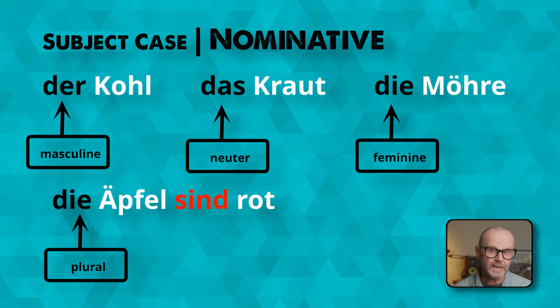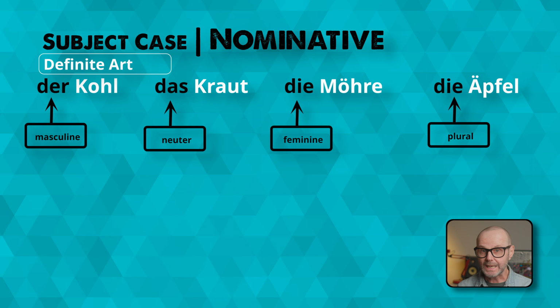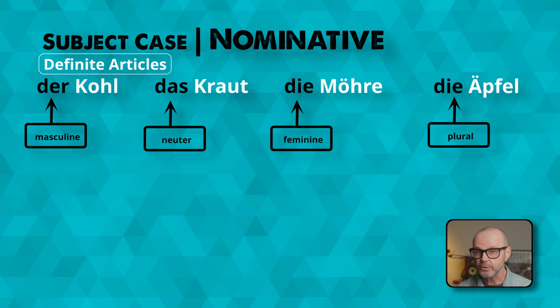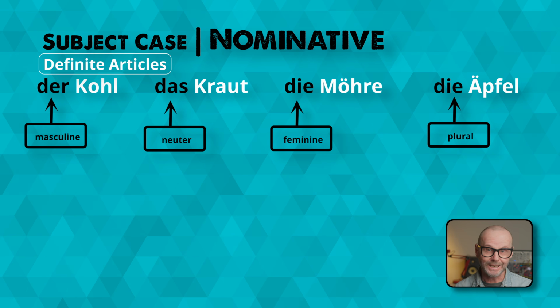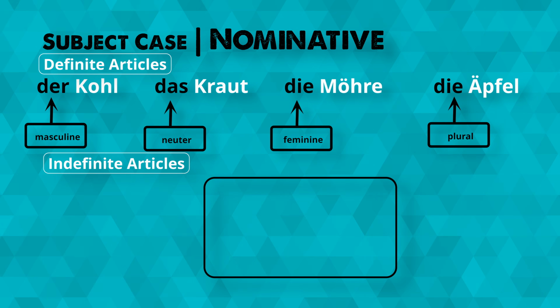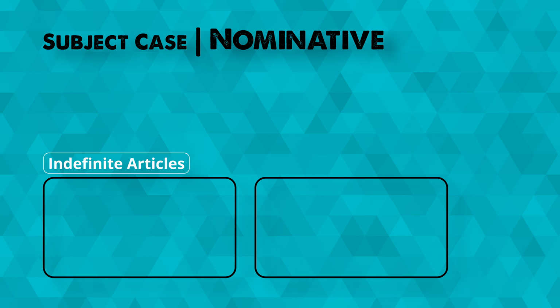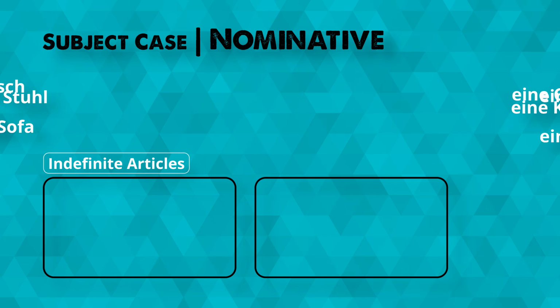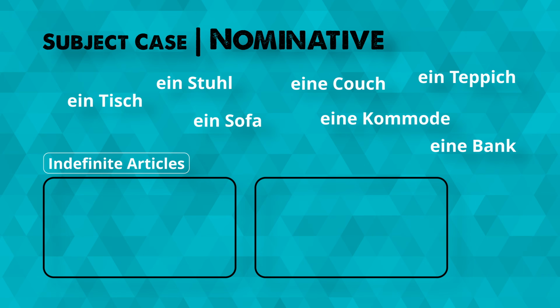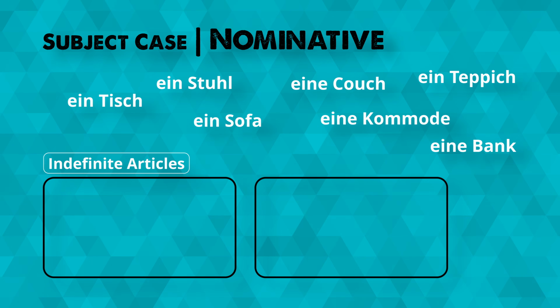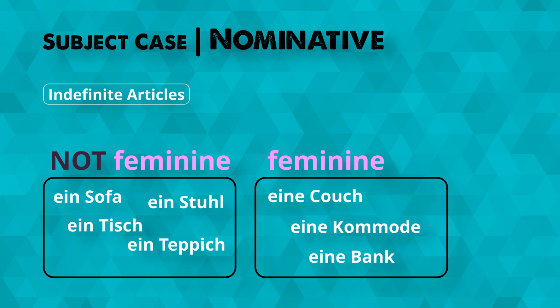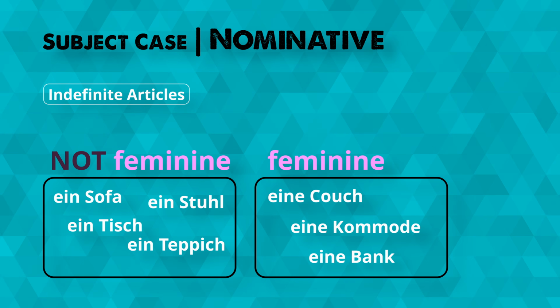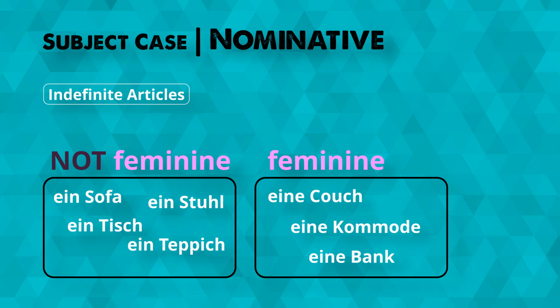But while the definite articles are pretty reliable, sadly the indefinite articles and those other words that behave like them are not. They simply split the nouns up into one of two categories. If we look at these words, then all the indefinite articles tell us is which nouns are feminine and which ones aren't. That's all we can expect of them, and that's all they do.